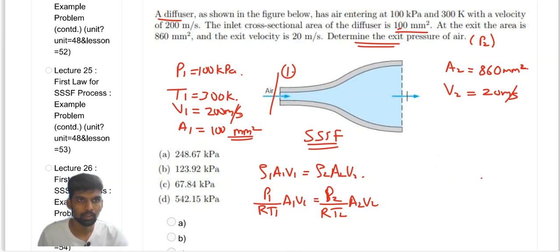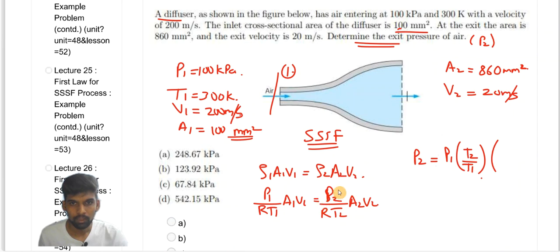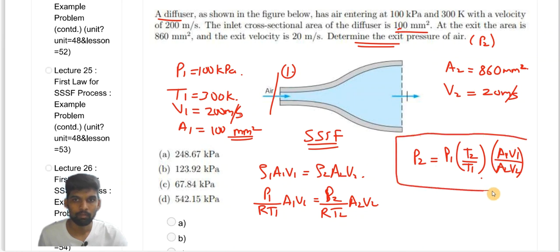Solving this, they have asked us the exit pressure, that is P2. So P2 will be equal to P1 times T2 by T1 times A1 V1 by A2 V2. So we know A1, A2, V1, and V2, and similarly T1 is known to us, only T2 is not known to us.